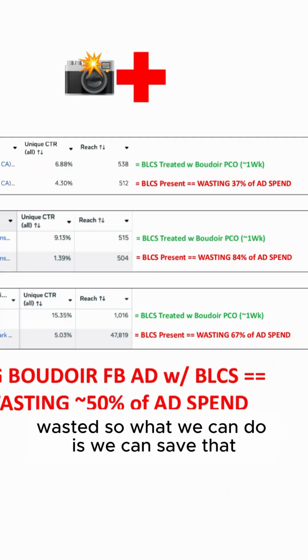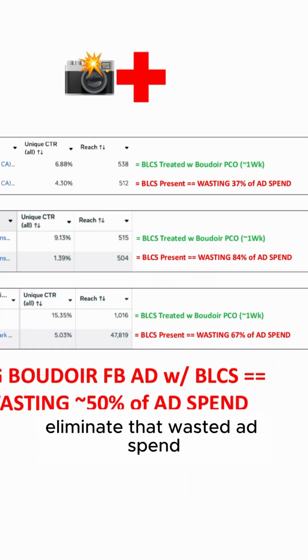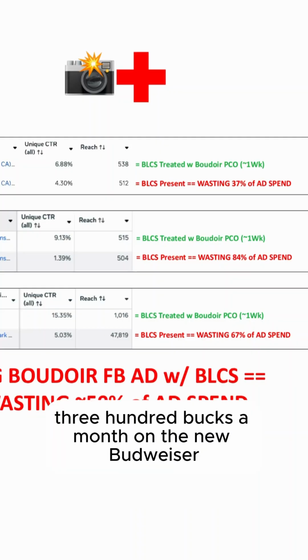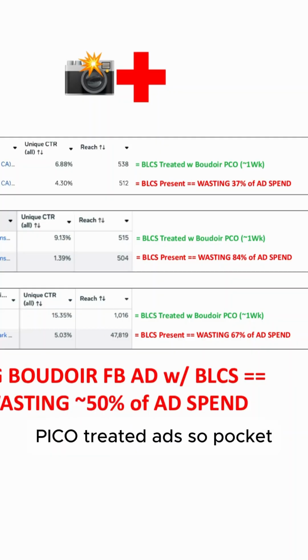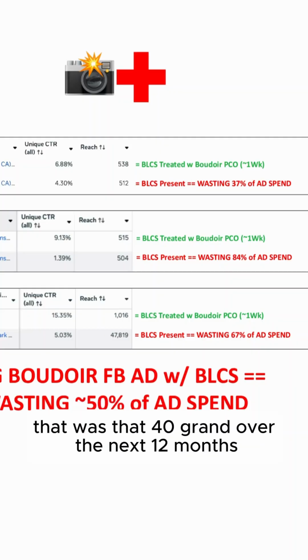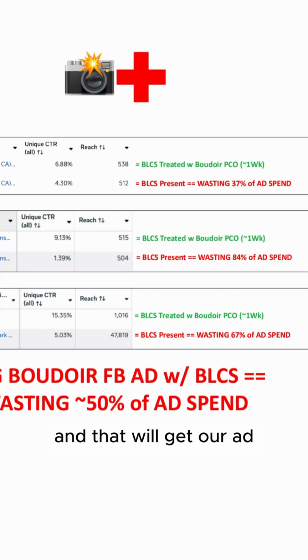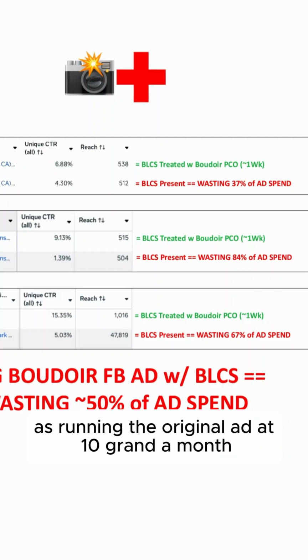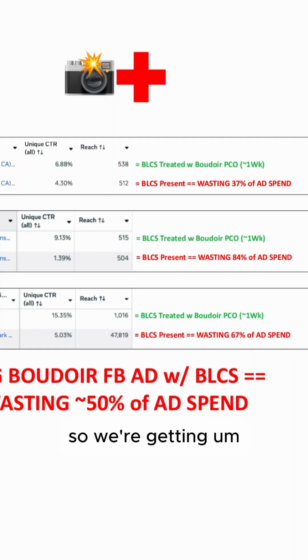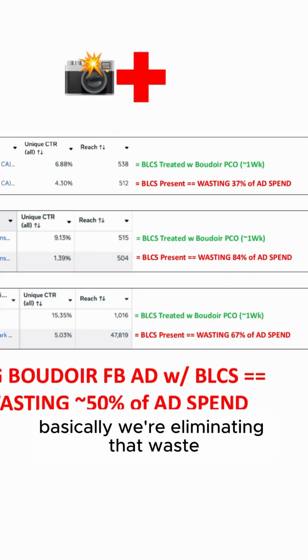So what we can do is eliminate that wasted ad spend, only spend 6,300 bucks a month on the new Boudoir Pico treated ads. So pocket that, what's that, 40 grand over the next 12 months, kind of phantom profit back in the business owner's pockets. And that will get our ad into the same number of women's brains as running the original ad at 10 grand a month.